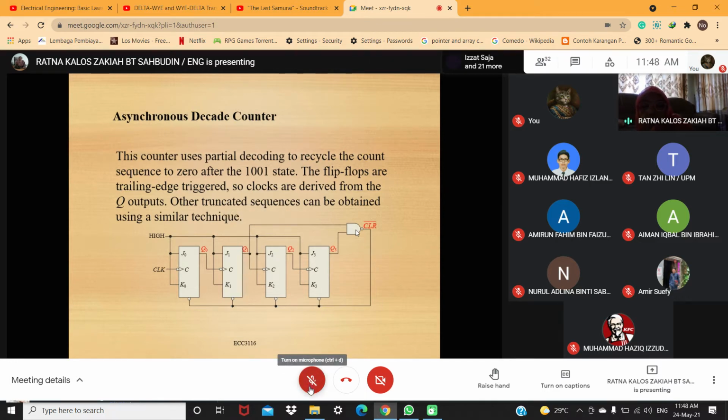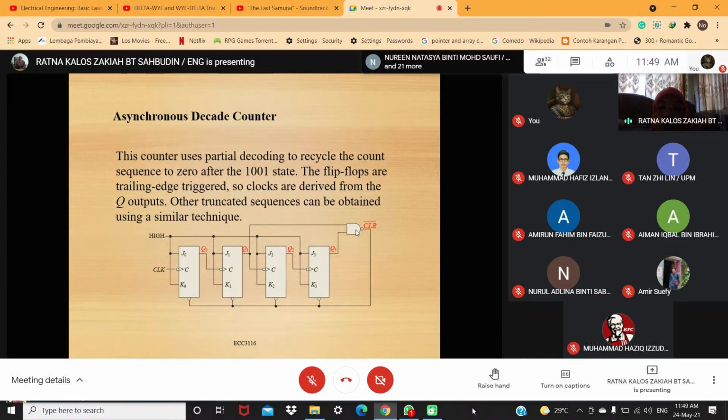Do you have any problem? Do you have any question? Okay, I want you to go back and draw the timing diagram for Q0, Q1, Q2, Q3, and see how the timing diagram looks like.